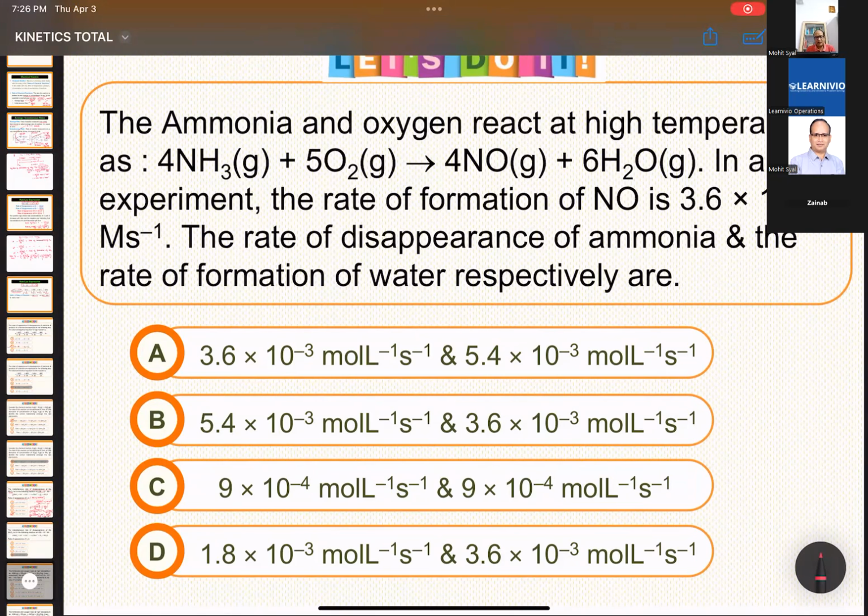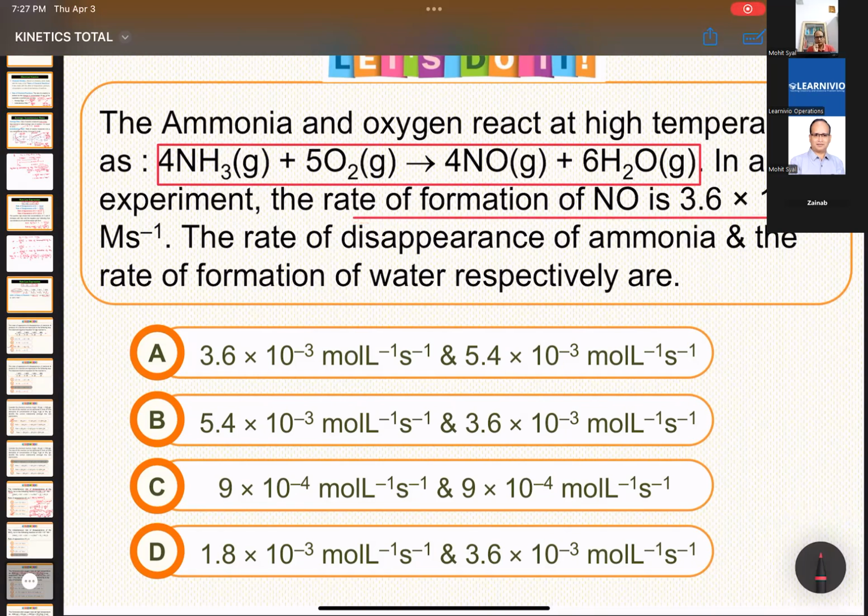Okay. What they have given, this is the reaction. And the rate of formation of NO they have given is this much. So what is the rate of consumption of ammonia? This they are asking. Now without calculation, I can quickly tell that it is going to be the same as the rate of formation of NO. Can you tell me why?